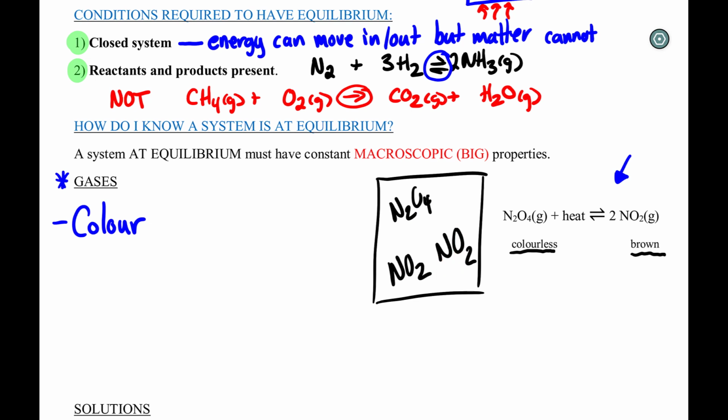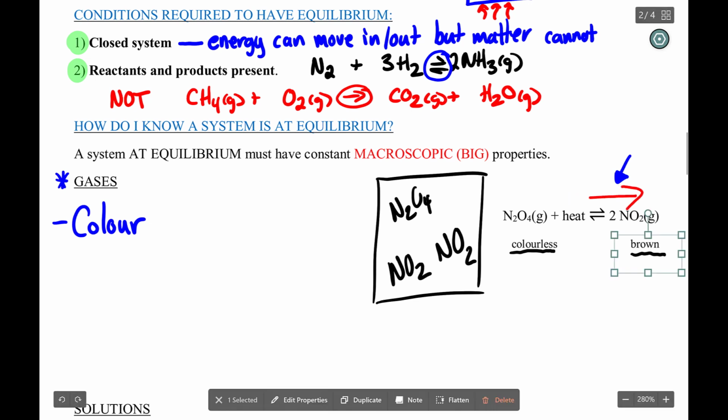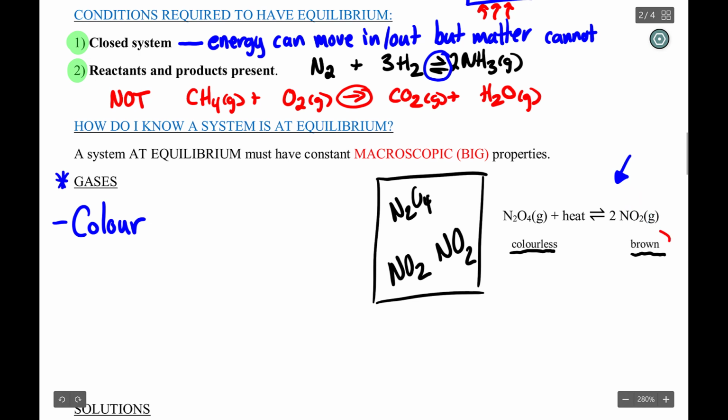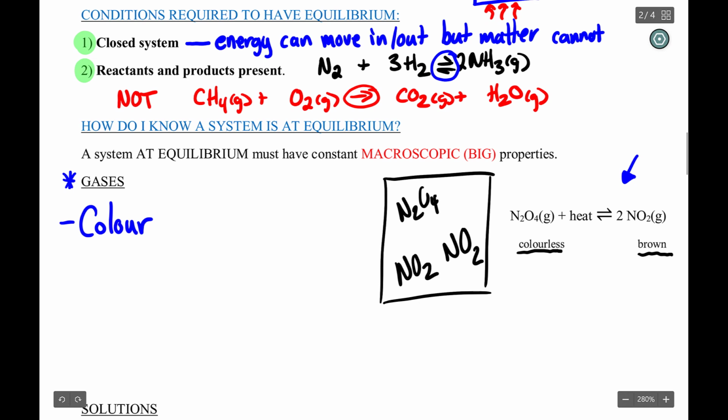But if the forward reaction was happening at a faster rate than the reverse reaction, I would be producing what is brown at a quicker rate, and this would start to look darker and darker brown. Or conversely, if the reverse reaction was happening at a faster rate than the forward, then what is brown would get turned into something which is colorless.